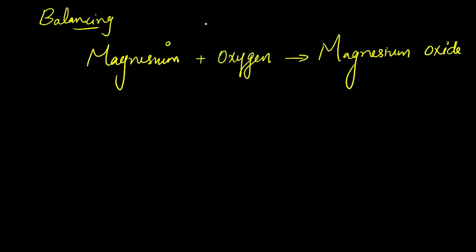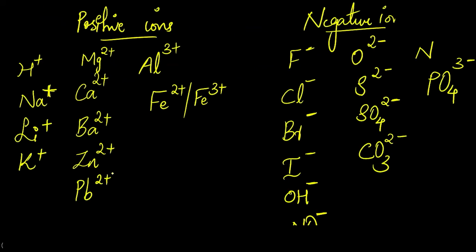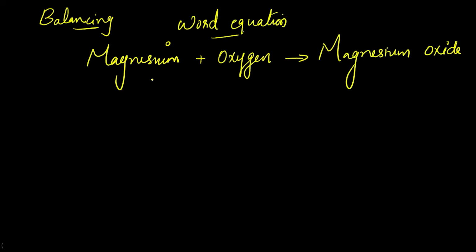Word equation, because it is given in words, right? Yes, this is given in words, so this is called as what? Word equation. And next, you have to convert it to symbols. What is the symbol for magnesium? It is Mg, right? Magnesium is Mg, the symbol. Magnesium is sitting alone, so there is no charge here.